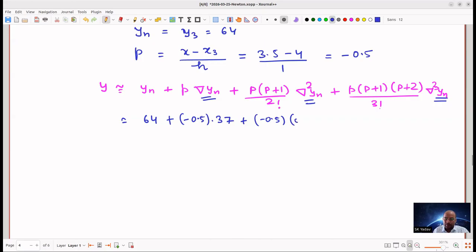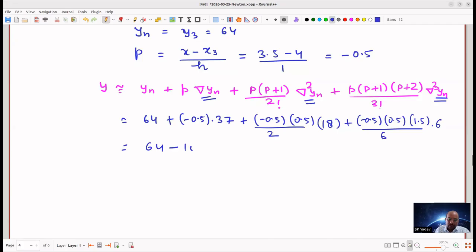So I have here 0.5 and divide by 2 factorial, which is 2 exactly, into the second difference, which is 18, and plus minus 0.5 into 0.5, and minus 0.5 plus 2 is 1.5, and divide by 3 factorial, which is 6, into 6. So this will come as 64 and minus 18.5 and plus, not plus here, minus again because of the negative sign here.